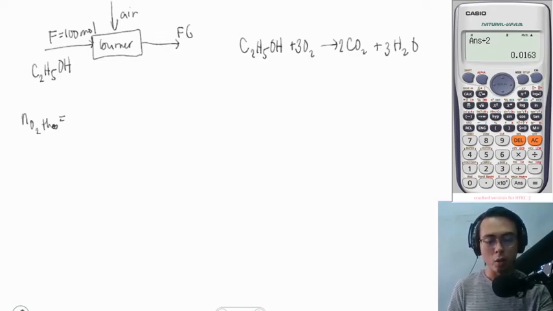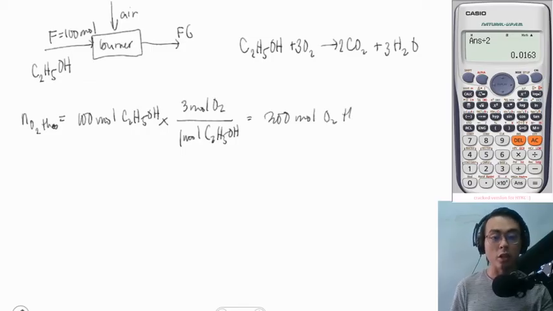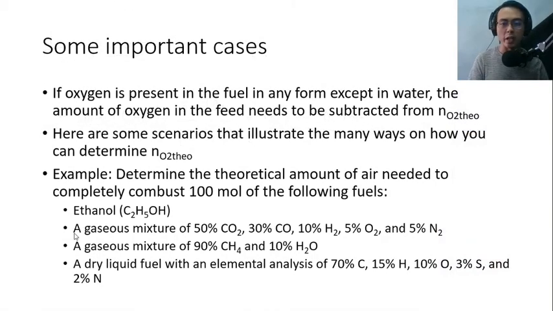So this is 100 moles of ethanol. And then based from the balanced equation, for every 1 mole of ethanol, we are using 3 moles of oxygen. So this is 300 moles O2 Theo. So there's nothing different there. Okay? But what if the given is of a different set? Let's move on to the next one.